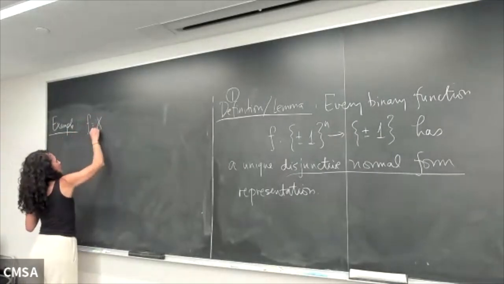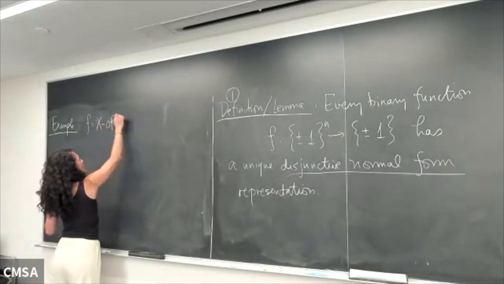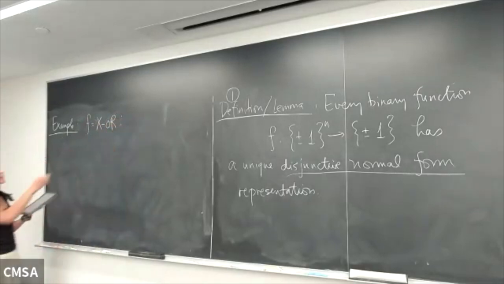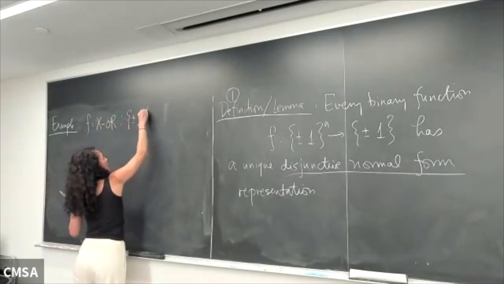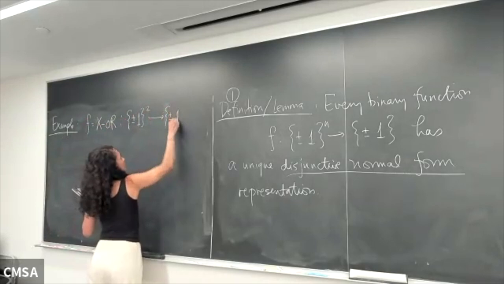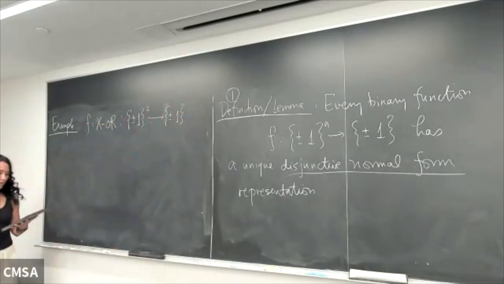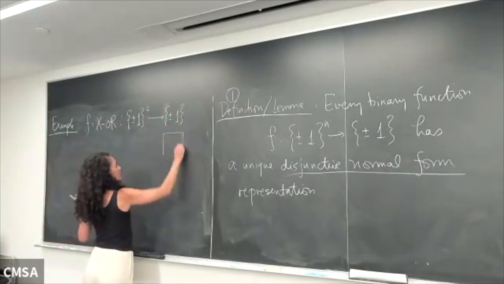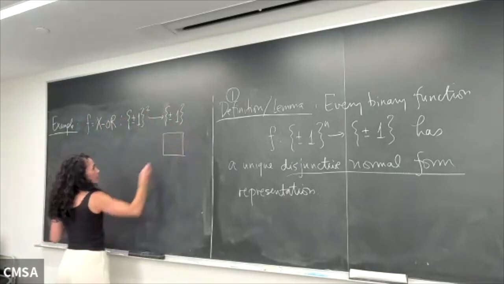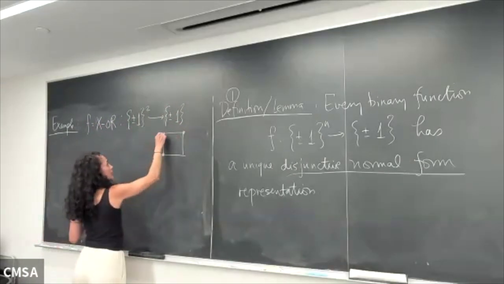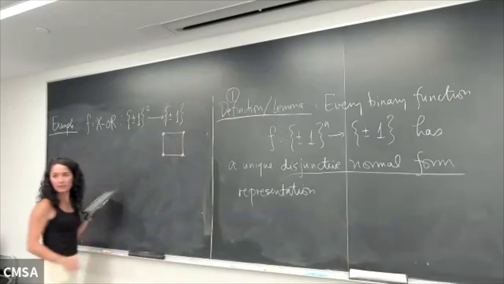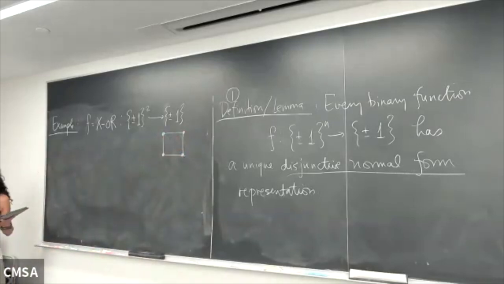So, famous example: the function f equals XOR, a function from binary 2-tuples to binary 1-tuples. It takes value 1 on these two vertices, -1 on these two vertices. Okay, and it's clear you can't linearly separate the red from the blue.